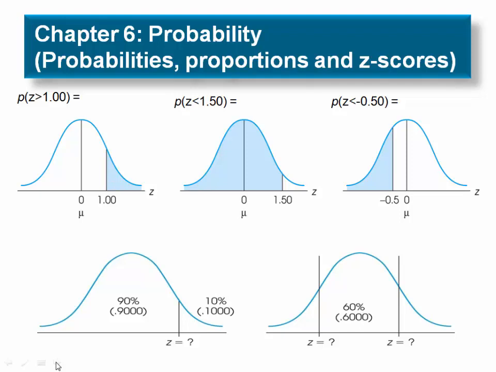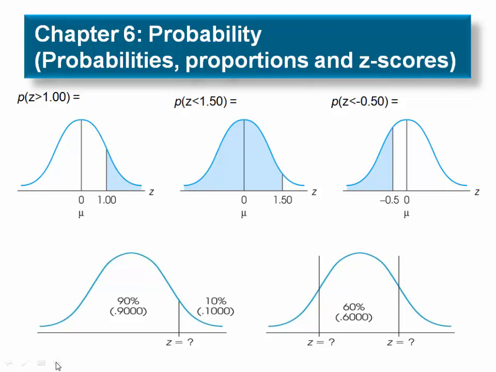In the top right, we want to answer the question, what proportion of scores are less than z equals negative 0.50? We would find the z-score of 0.50 and again consult the tail column to find the proportion to be 0.3085.